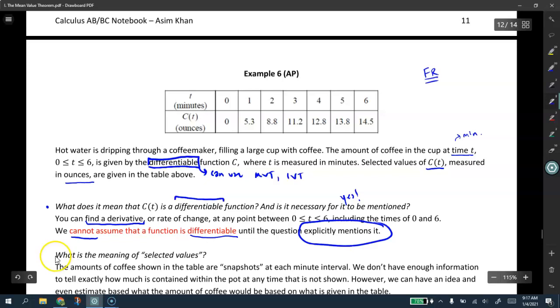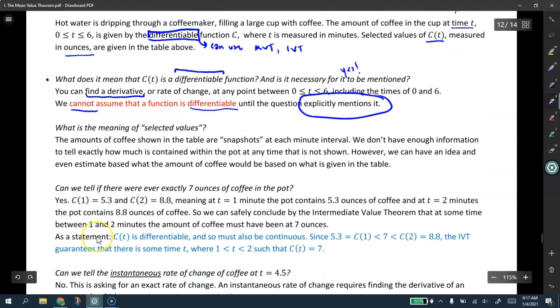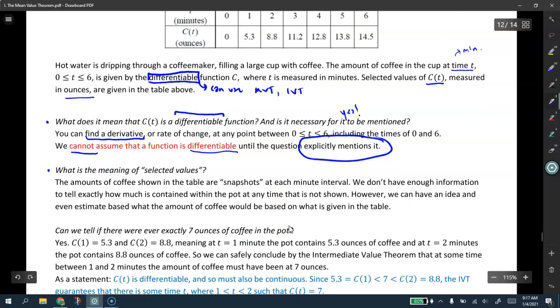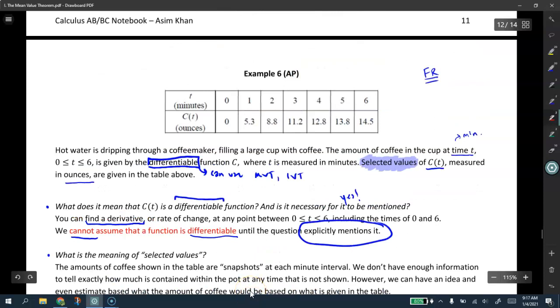All right. The second little piece I want to talk about is what it means when they say selected values. Perhaps you saw it, perhaps you didn't, but it's important to go back and review this little piece right here, selected values, all right? If you looked at the table, you'll notice that they've only got the data for 0 minutes, the data for 1 minute.